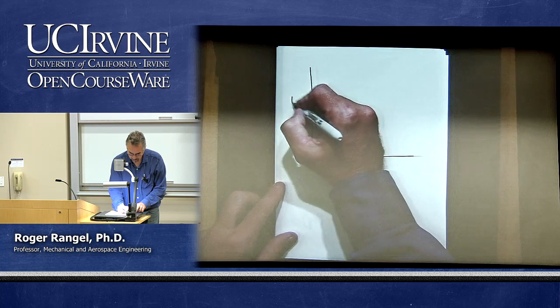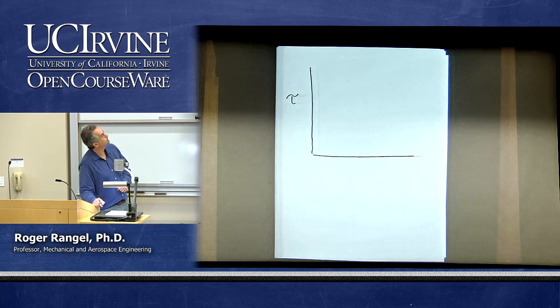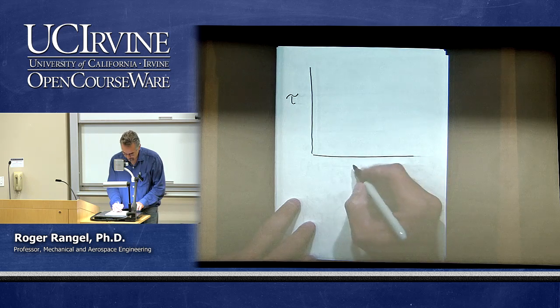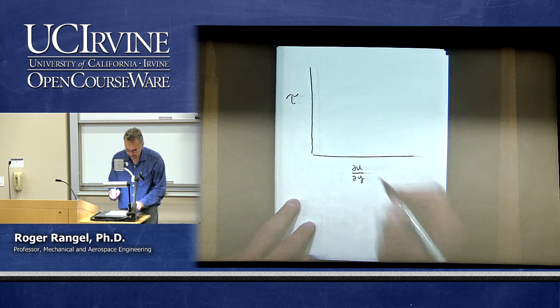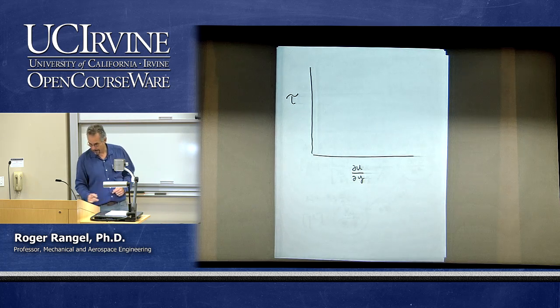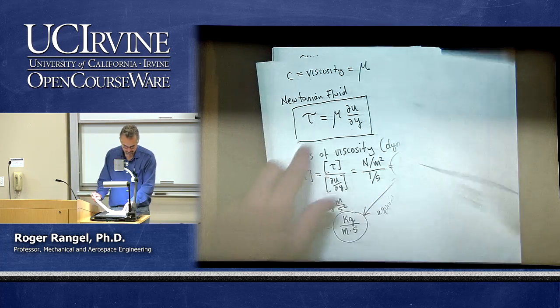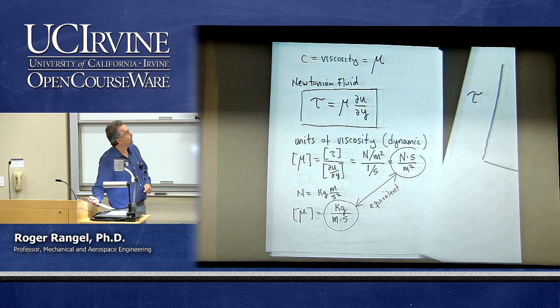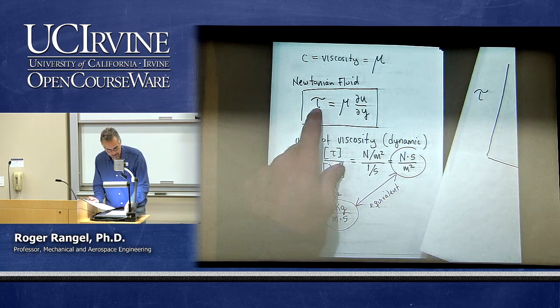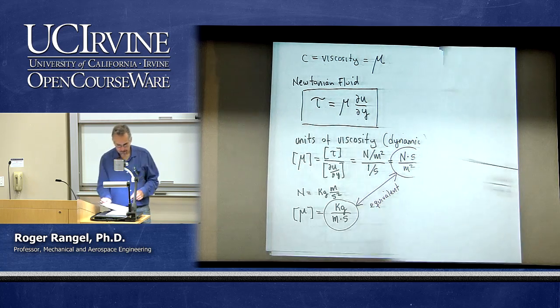So this is tau. And here I'll put the strain rate. In fact, the two quantities that we see are connected by the Newtonian fluid expression. So I'm just plotting tau versus du dy.